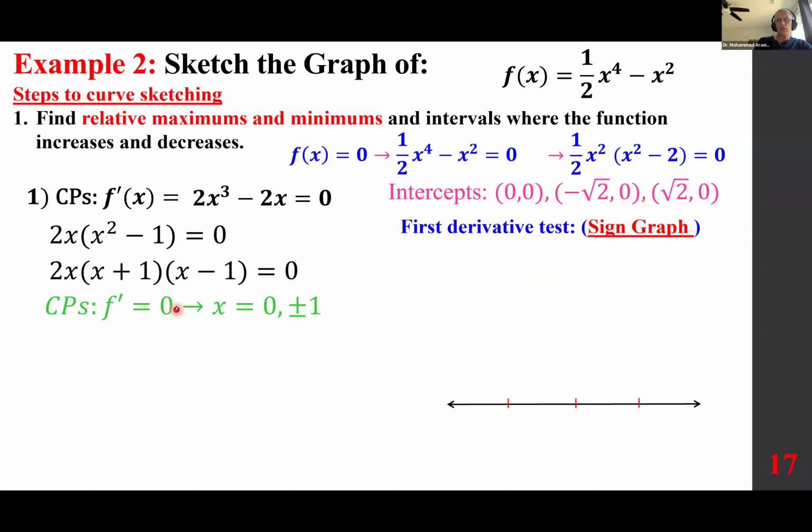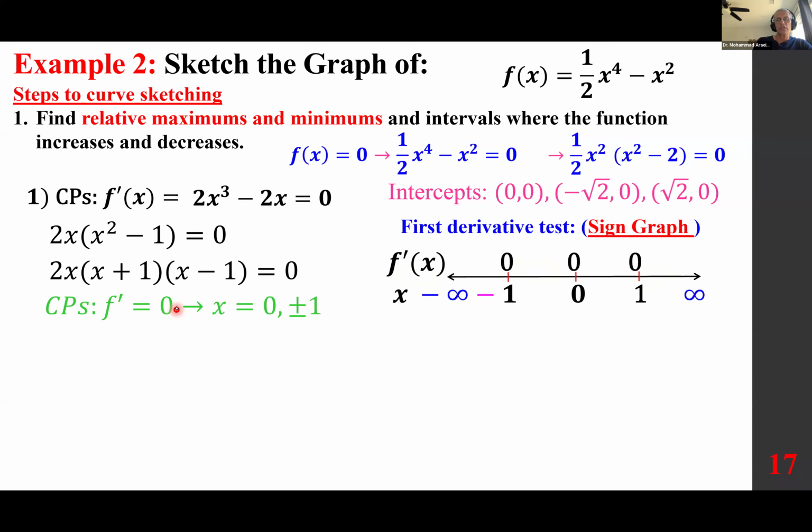We go with the number line from negative to positive infinity, and we put the three numbers in order from smallest to largest: negative 1, 0, 1. And we can pick a test point for each region, each sub-interval. I'm going to call it TPs.